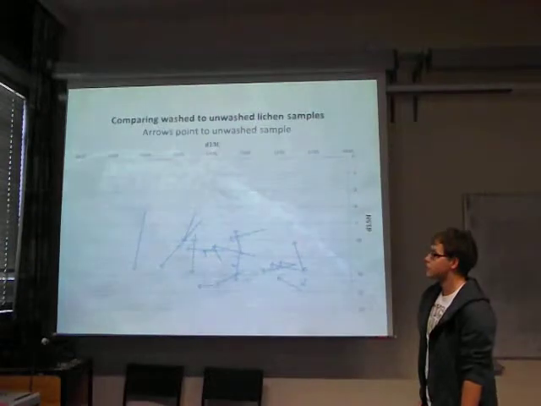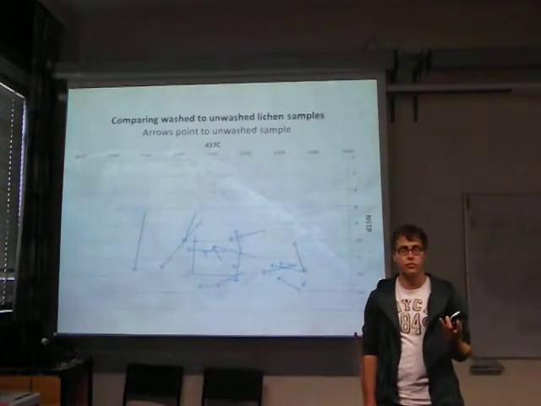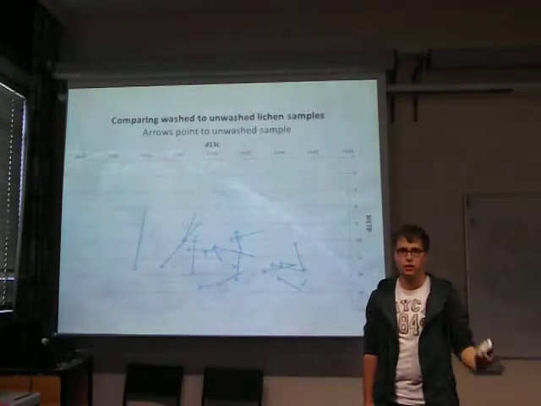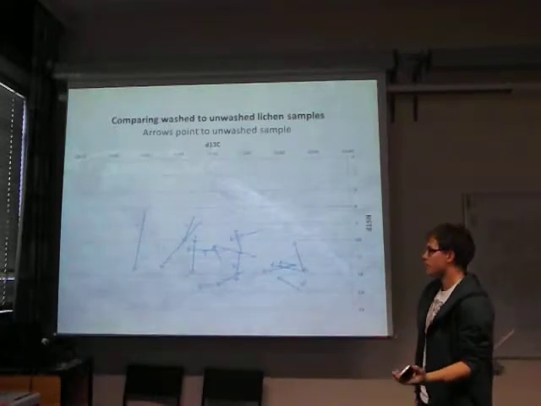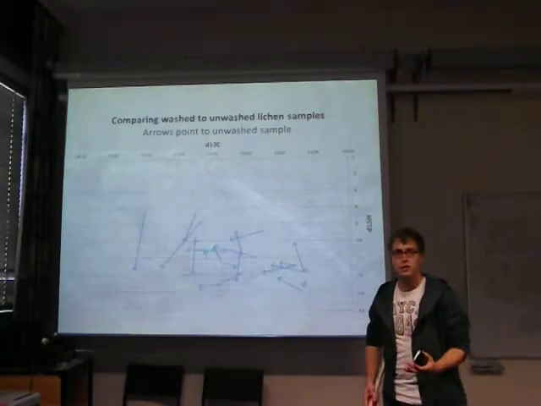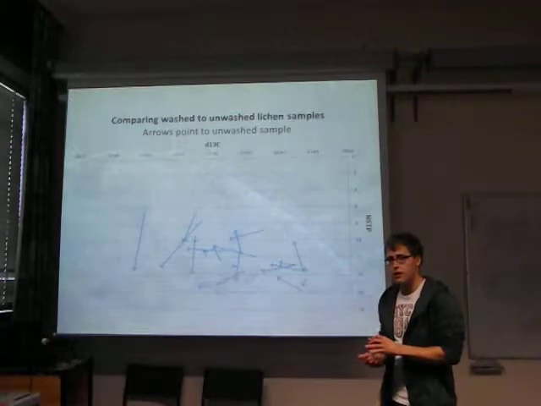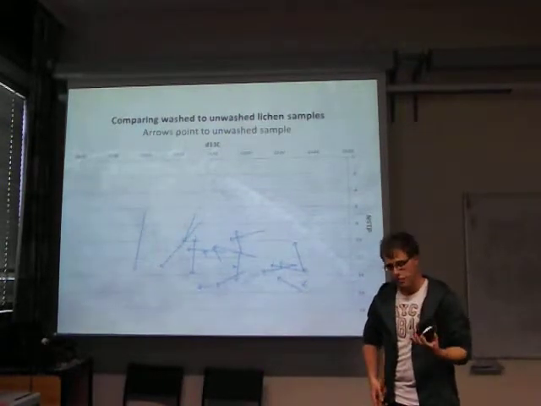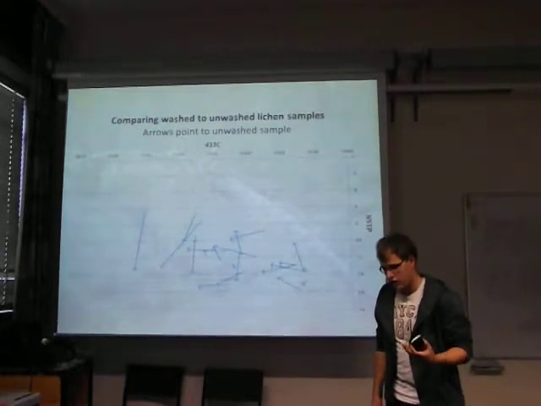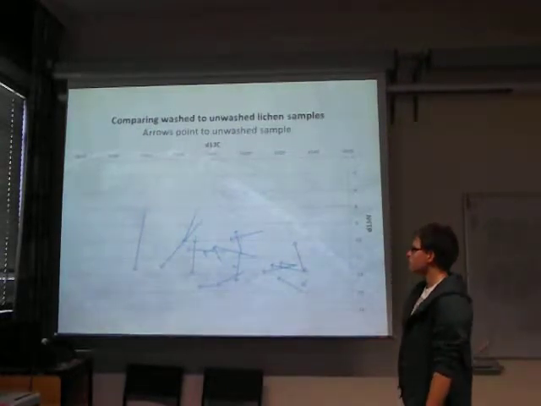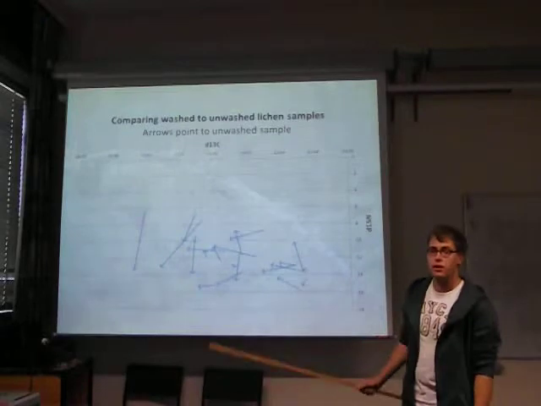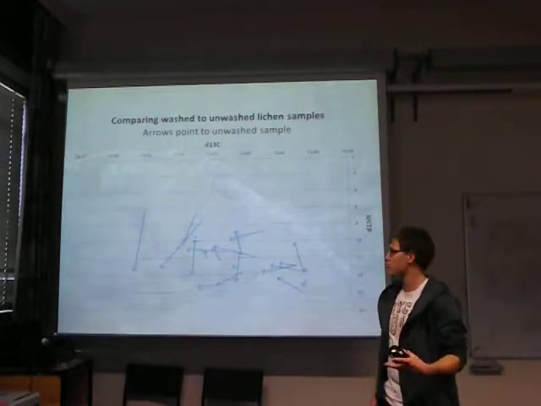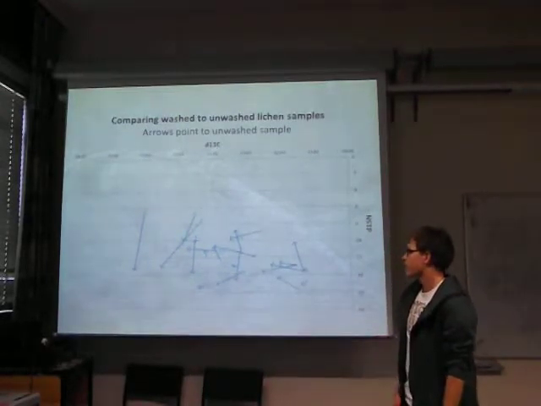The second reason was asking whether washing the samples would change the variability. The premise behind this is that nitrogen species that have not been absorbed by the lichen are sitting on top of the lichen, so you can imagine dust and stuff like that, and that's going to change the isotopic value. So by washing these samples and then testing unwashed versus washed samples, you came up with this graph.